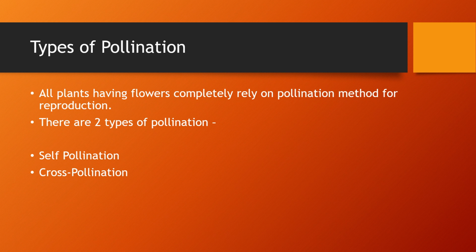In self-pollination, pollen is transferred from the anther to the stigma of the same plant. In cross-pollination, pollen is transferred from the anther to the stigma of another plant of the same species.